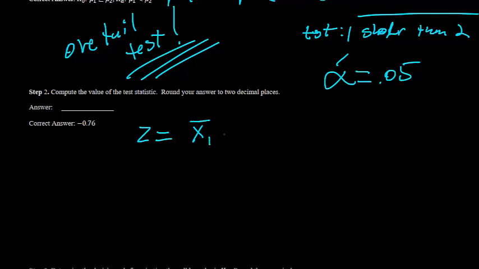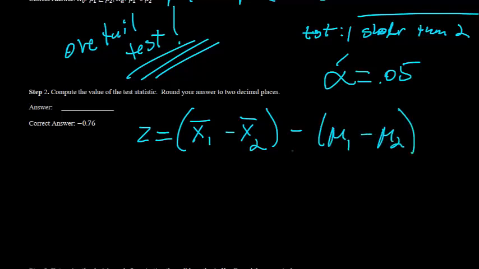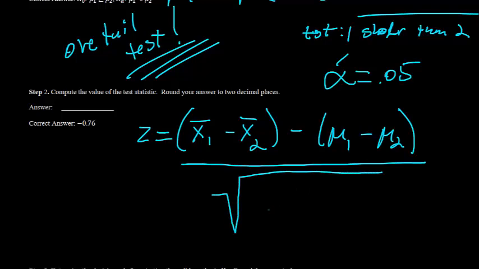This is going to be the mean of the first test minus the mean of the second test, minus mu sub 1 minus mu sub 2, all over a combined deviation: sigma squared for group 1 over n sub 1, plus sigma squared for the second one over n sub 2. The n's happen to be the same here.